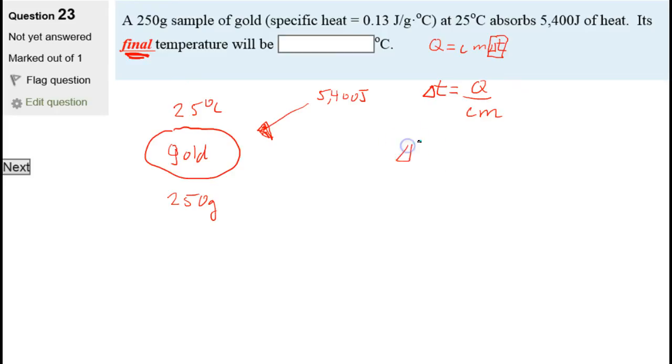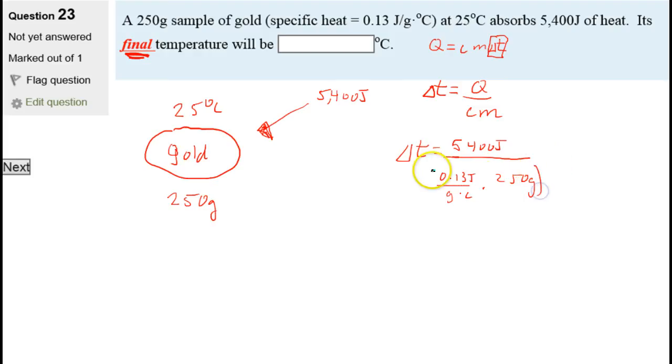Let's plug these numbers in. The change in temperature is equal to Q, which is 5,400 joules, divided by the specific heat of gold, which is 0.13, times the mass of the gold, which is 250 grams.